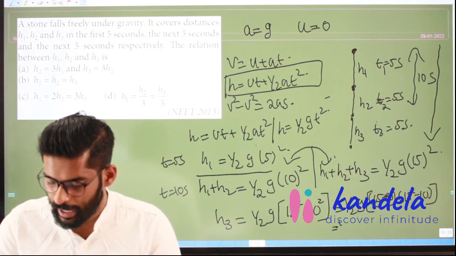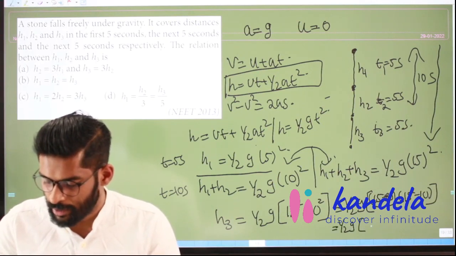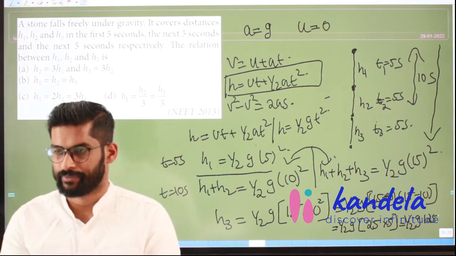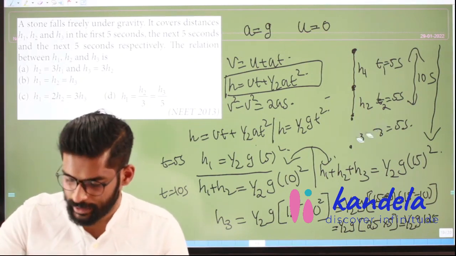So this will be half g of 25 into 5, that is half g into 125.